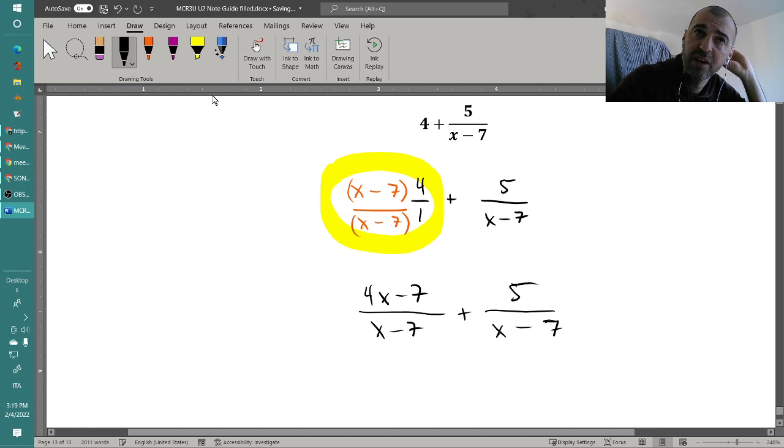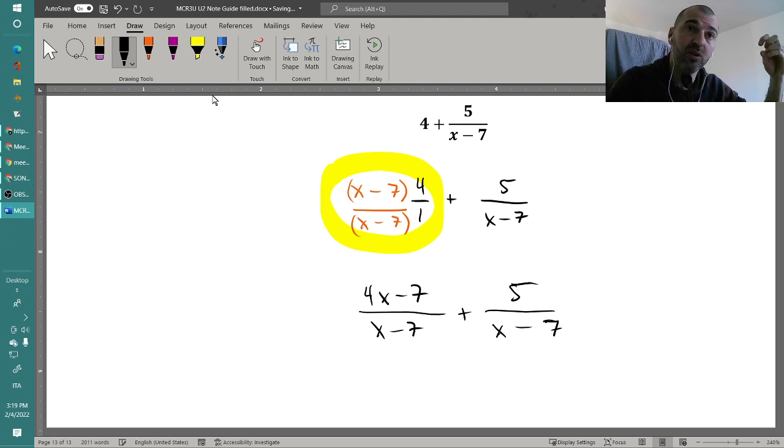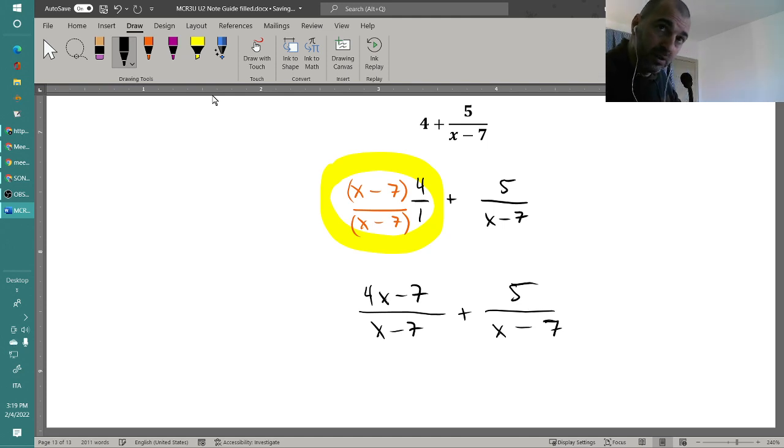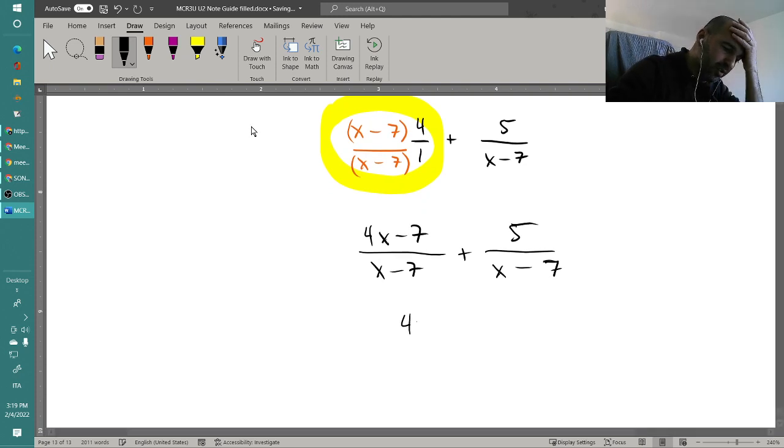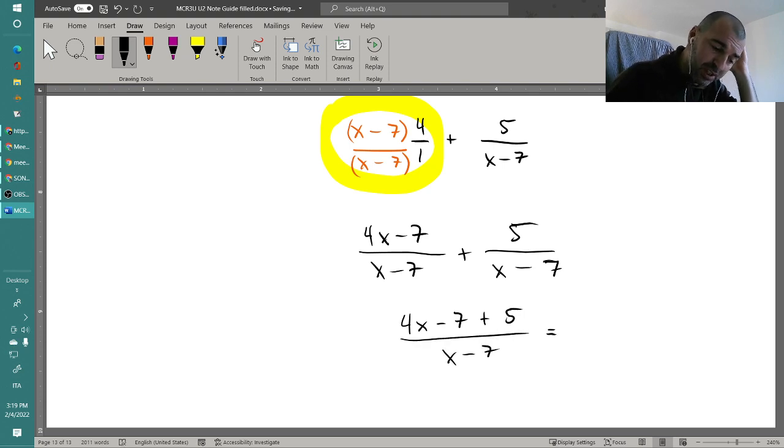That's what we've got. Now, you might notice that this one now automatically has a nice little common denominator. And so I'm going to go with 4 times x minus 7, plus 5, over x minus 7. So this one is now pretty much done.